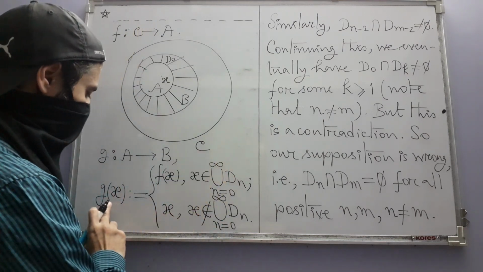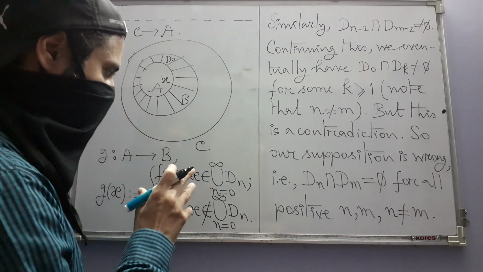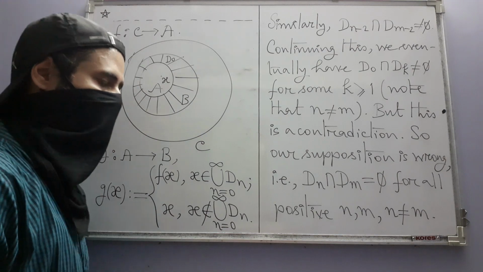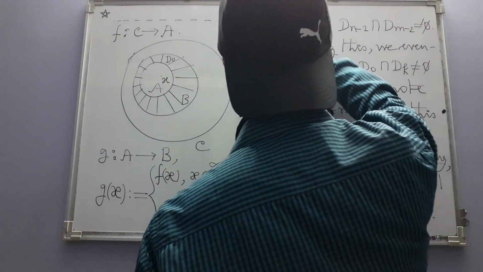We need to show that g is one-to-one and onto. It is in this onto-ness that there is unfortunately a problem. And the problem is this.